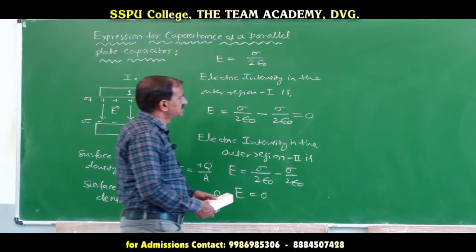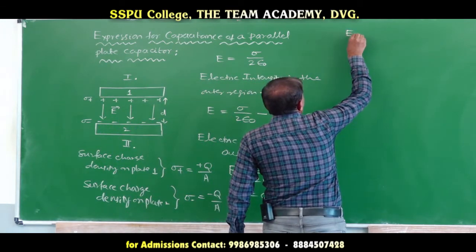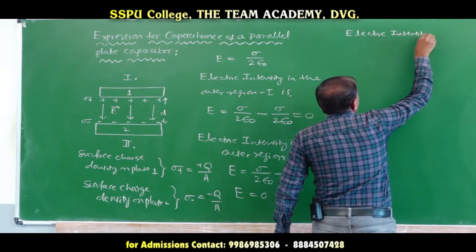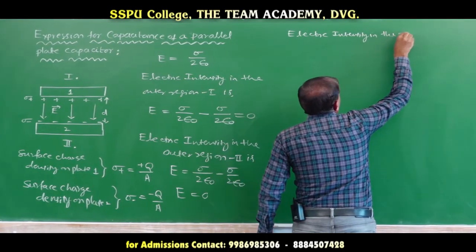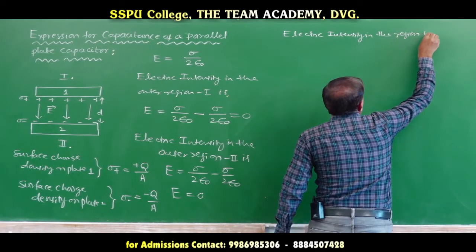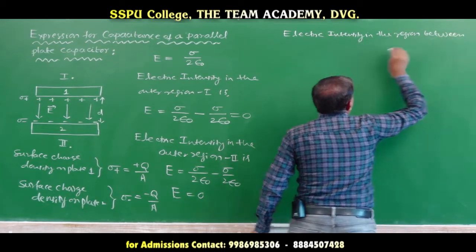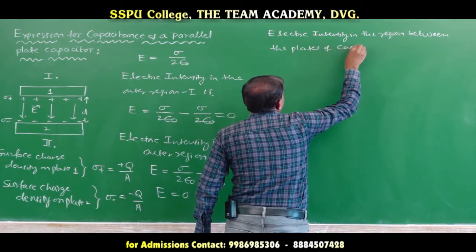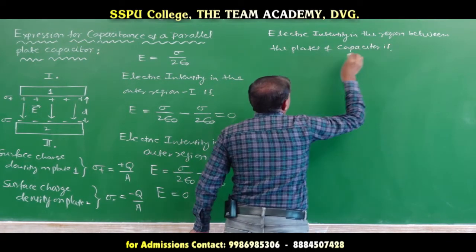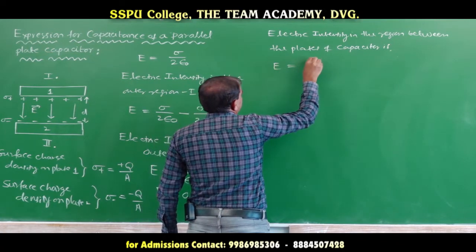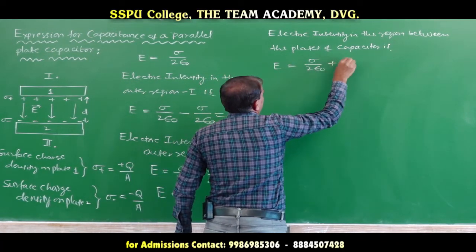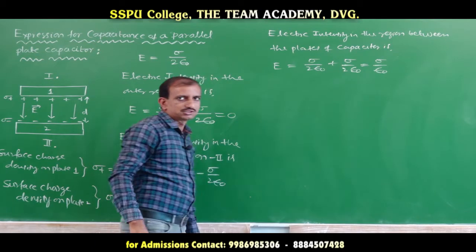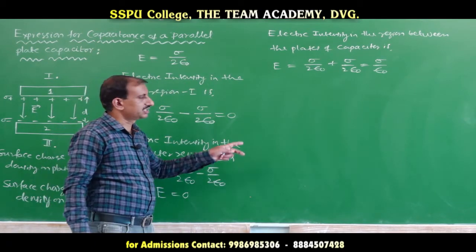See, electric intensity in the region between the plates of capacitor is E is equal to sigma by 2 epsilon naught plus sigma by 2 epsilon naught, which is equal to what? Sigma by epsilon naught. See, it is in accordance with the application of Gauss laws.